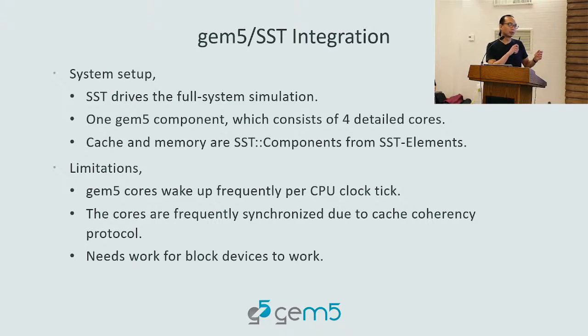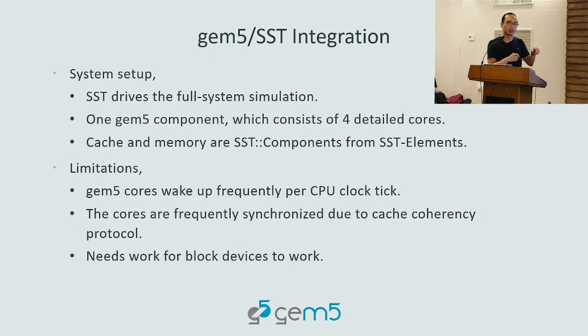After we implemented that, we figured out that there are a lot of limitations. In the setup, we have the CPU system in gem5, and the rest of the memory hierarchy in SST. The problem is that when a gem5 core needs to do something, it will make a new event in its event queue.